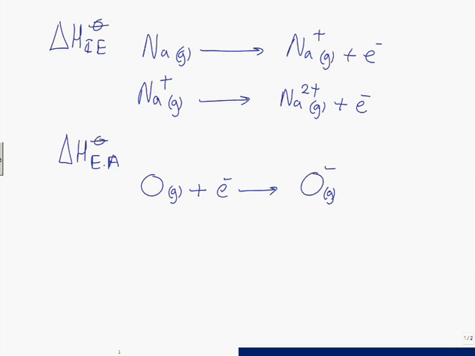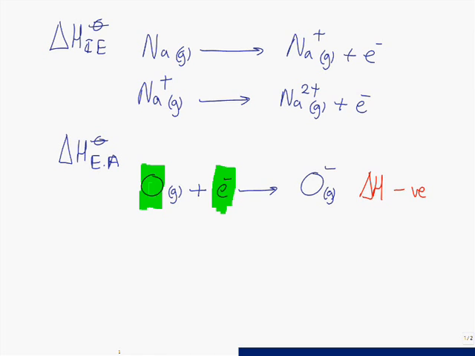Now the enthalpy change for this is going to be negative. You tend to find that the first electron affinities for gaseous atoms are always exothermic, because we're going to form interactions between the electron that we're adding and the positive nucleus of the oxygen atom. So we're forming interactions there.